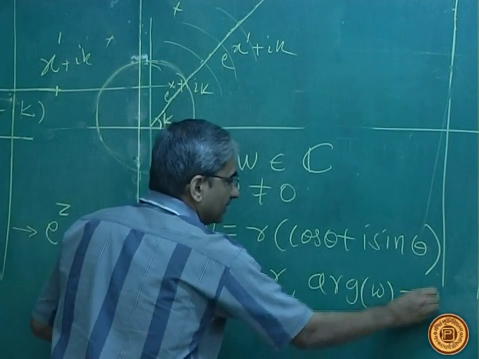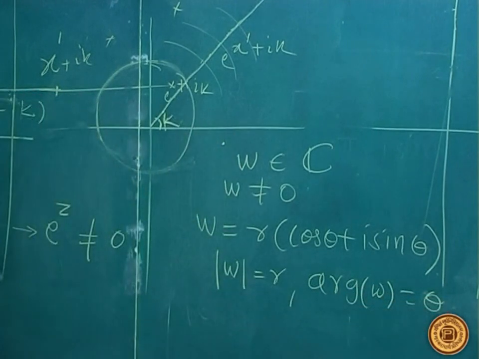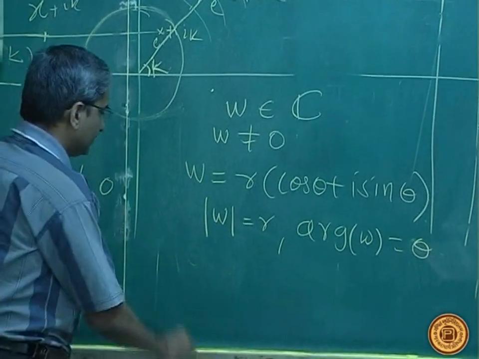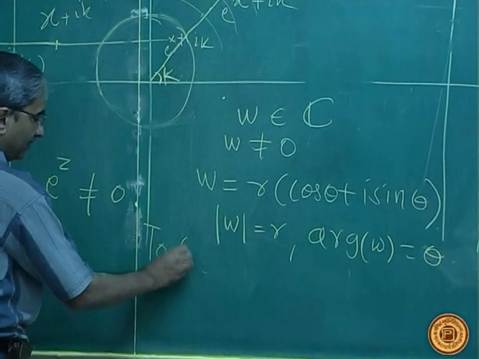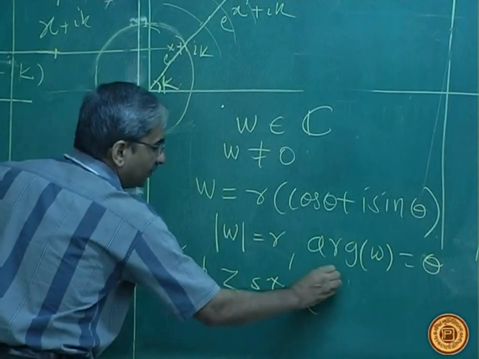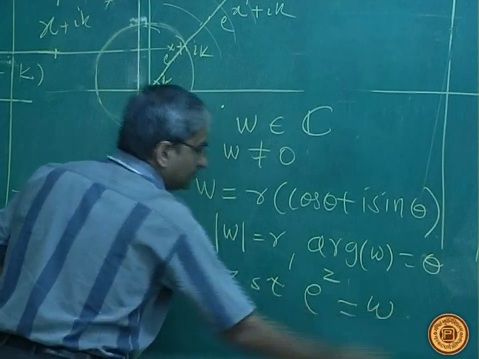So argument w is theta. Now, can I find z? So, to find z such that e to the power z is w.